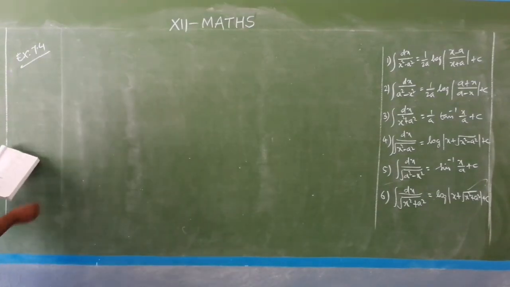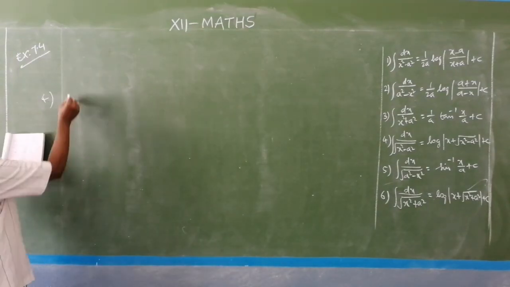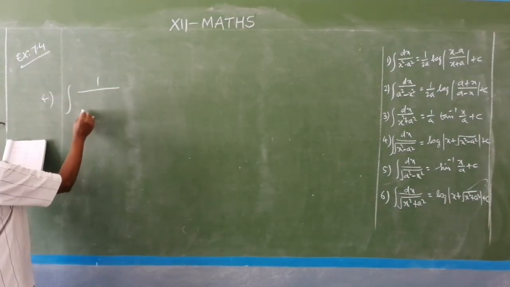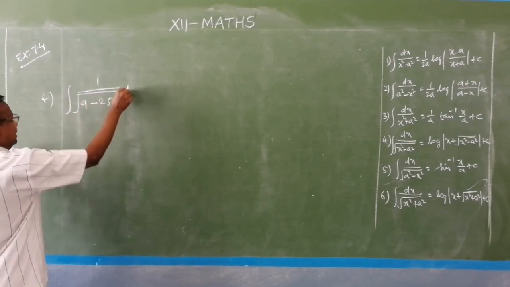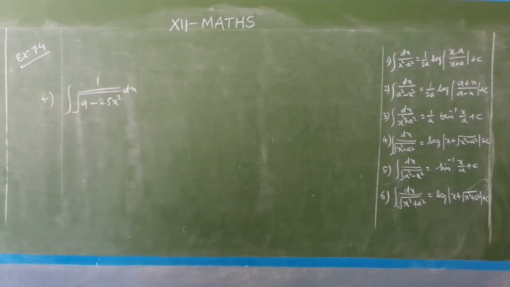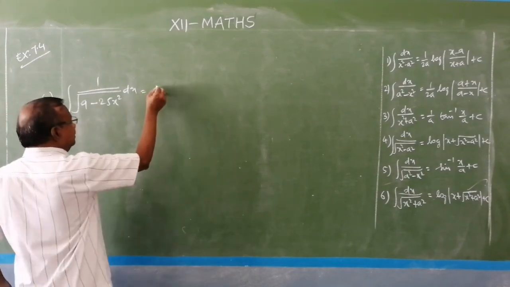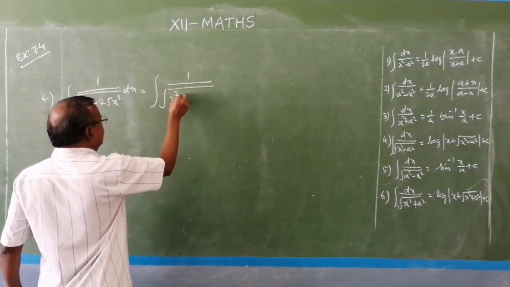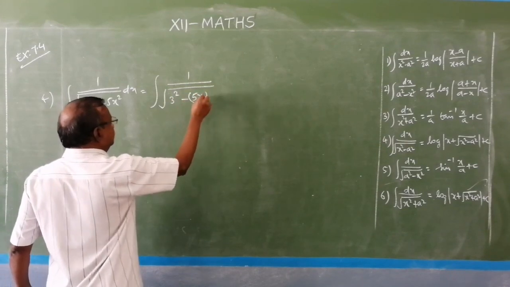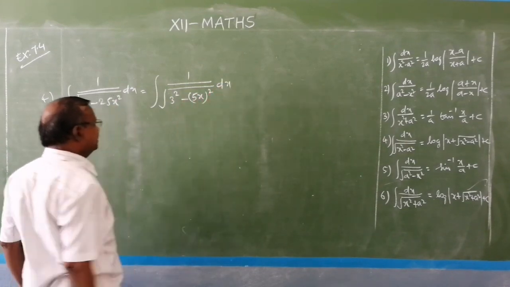Next, question number 4. Integral 1 by root of 9 minus 25 x square into dx. We can write this as integral 1 by root of 3 square minus (5x) whole square into dx.